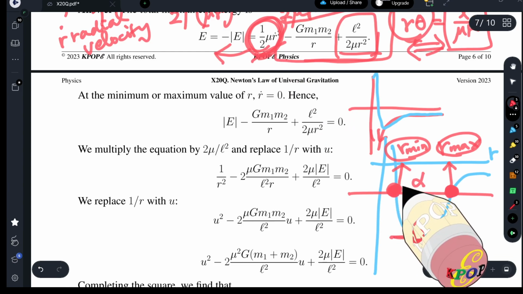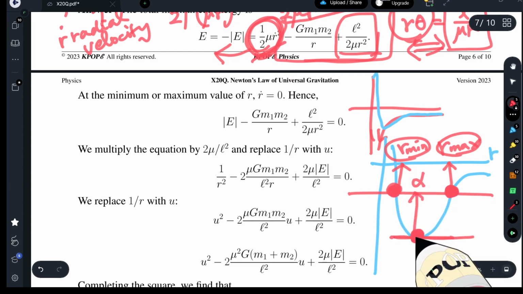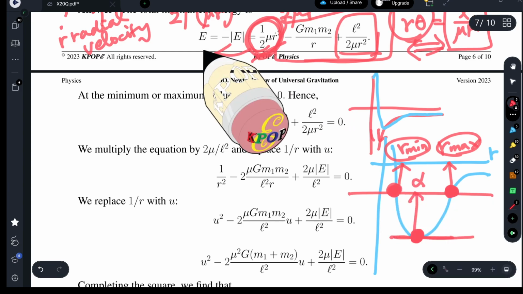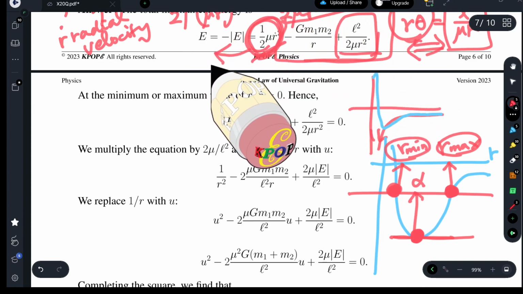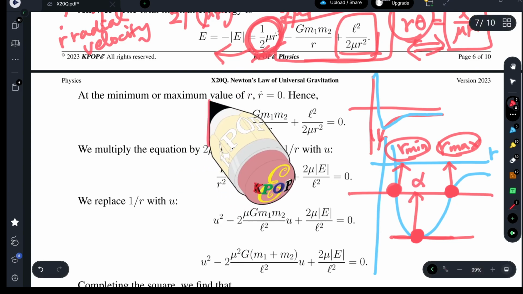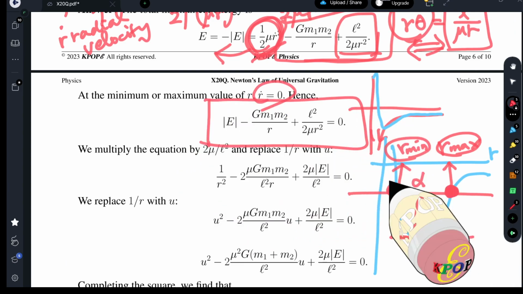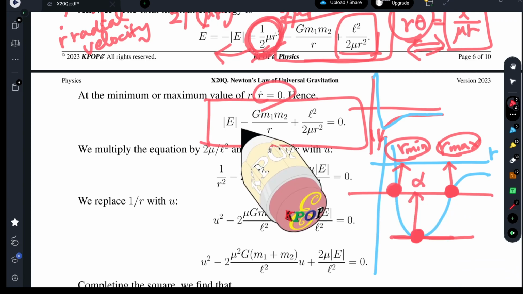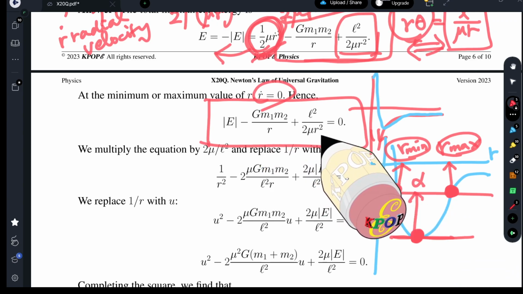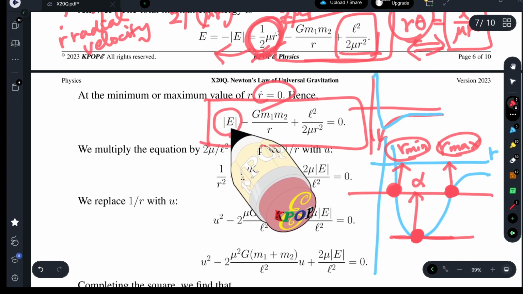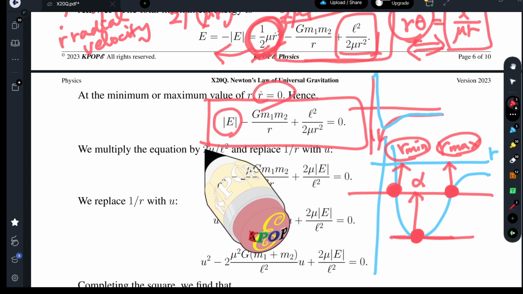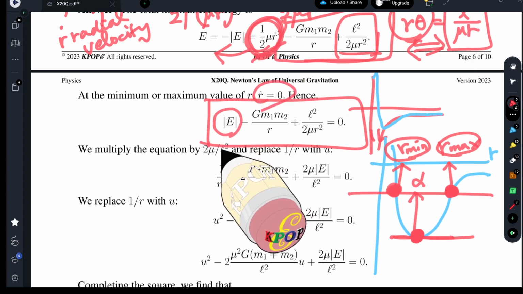So we would like to find these by making use of the total mechanical energy conservation relation, at the turning points. You will find that the total mechanical energy's absolute value is a constant.